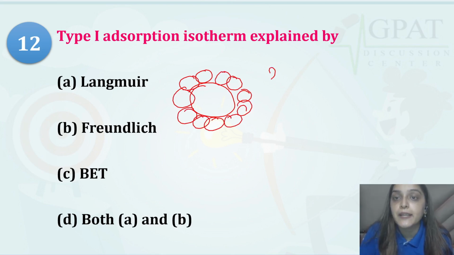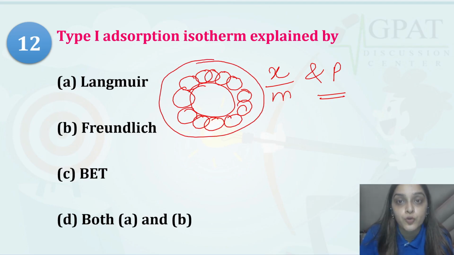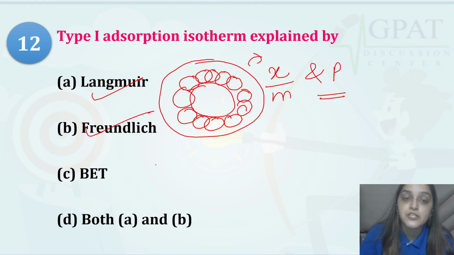That is explained by a relationship between x/m and pressure. As you increase the number of molecules, first they form a monolayer. These relationships are explained by both the Langmuir and Freundlich isotherms.